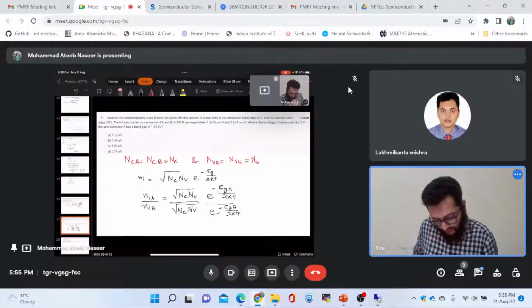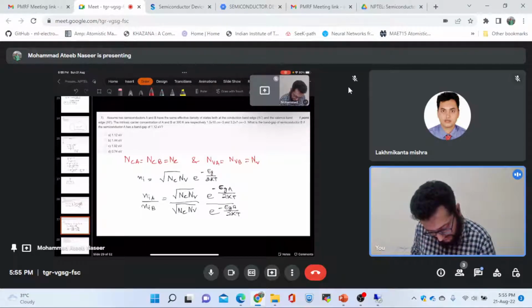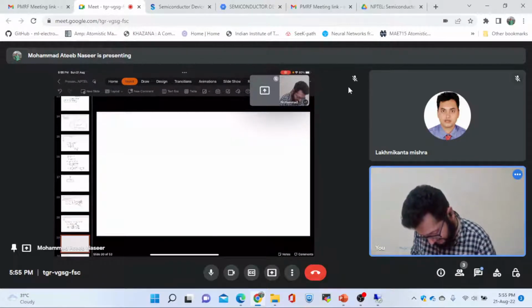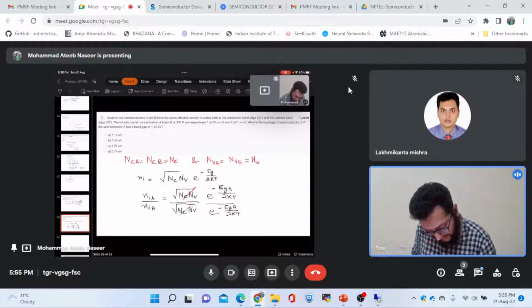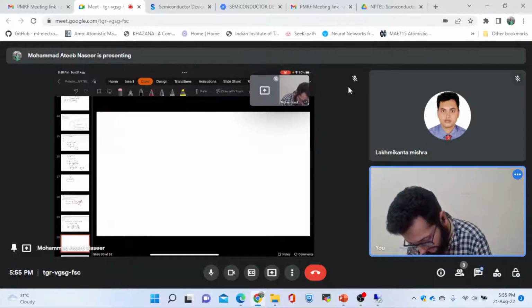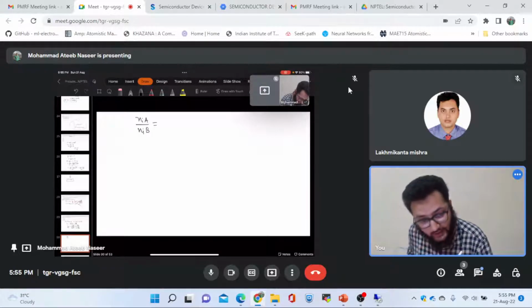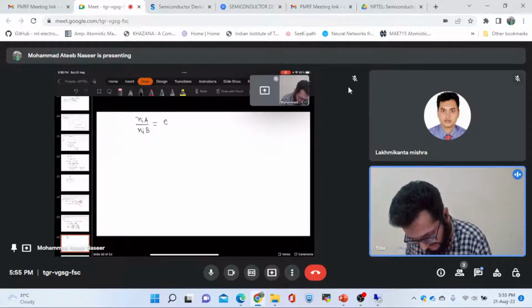So we will simply cancel these two, and the ratio will be equal to Ni, the intrinsic carrier concentration of material A, divided by the intrinsic carrier concentration of material B, equal to exponential of minus Eg of A plus Eg of B by 2kT.